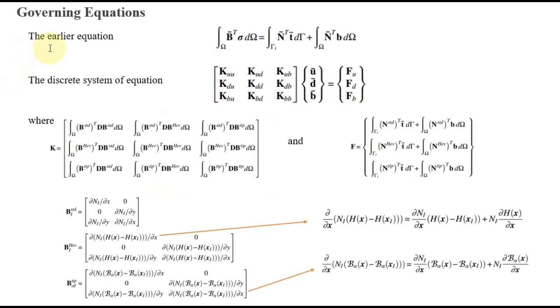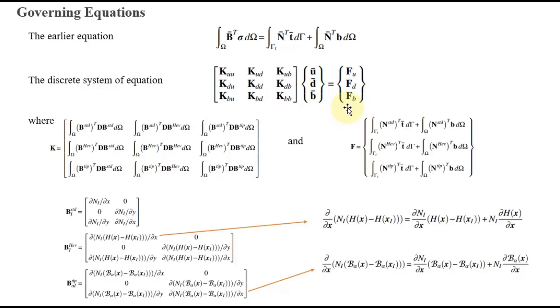So the earlier equation is shown here, and we can expand it to this form. K is the global stiffness matrix. U includes standard and enriched nodal displacements. F is the force vector.